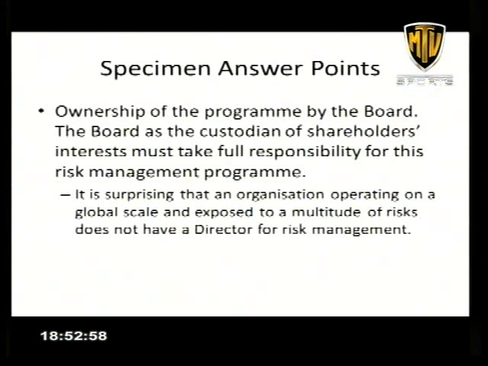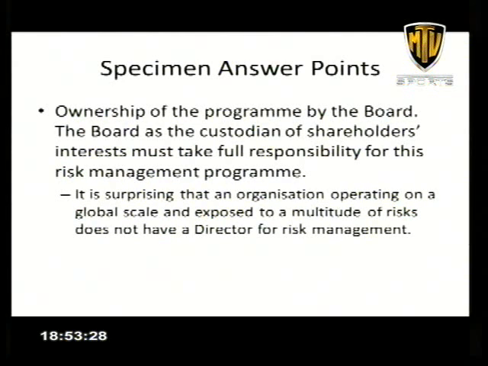Now, if you look at the case study, you will see directors are there for procurement, directors are there for finance, for HR, but there's no particular director who is responsible for risk, right? And that's a little surprising, being a large organization. And if that's the case, will a direction from the board level come is a question. So should a person be appointed, should even a non-executive director be appointed or made responsible for risk is another question you can obviously ask.